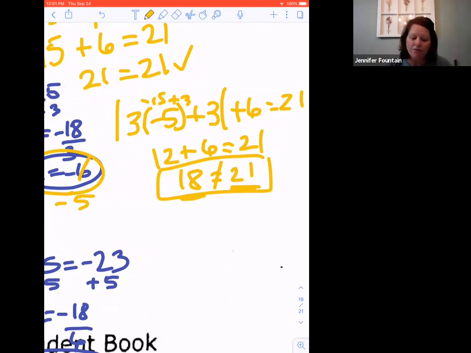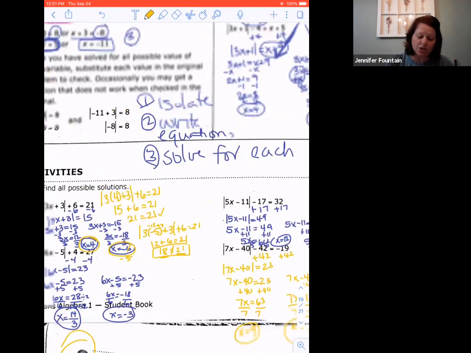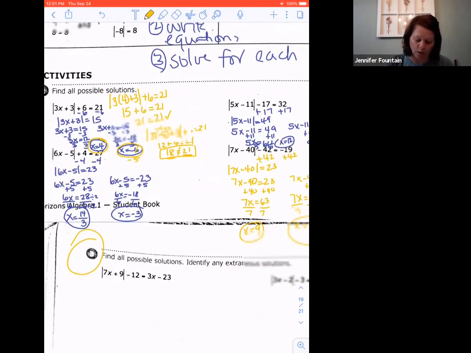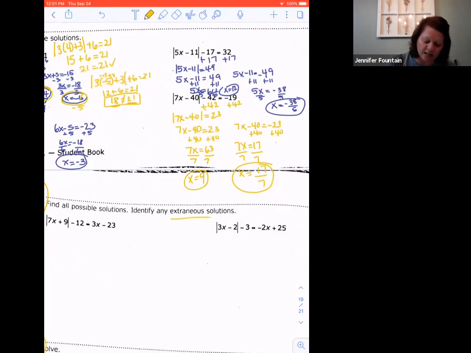The only time you can find extraneous solutions is by plugging in your answers, okay? So that's what you're going to need to do for that homework, where it says identify extraneous solutions. That means you have to plug in your answers. If you do not end up with a true statement where something equals something and it is true, if it's false, it is extraneous.